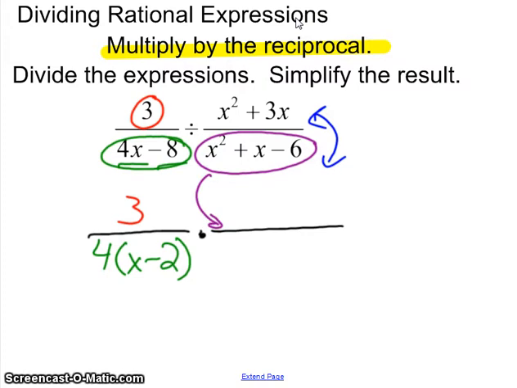That does not have a GCF. It has 3 terms, and the leading coefficient is 1. So I'm going to see if I can use easy AC. I'm looking for my magic numbers, factors of negative 6 whose sum is positive 1. So 3 times negative 2 multiplies to negative 6 and adds to positive 1. So I'm going to just put them in.